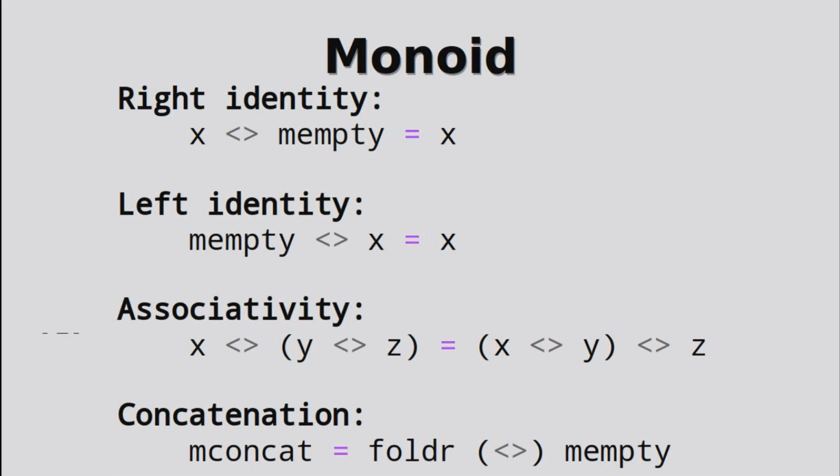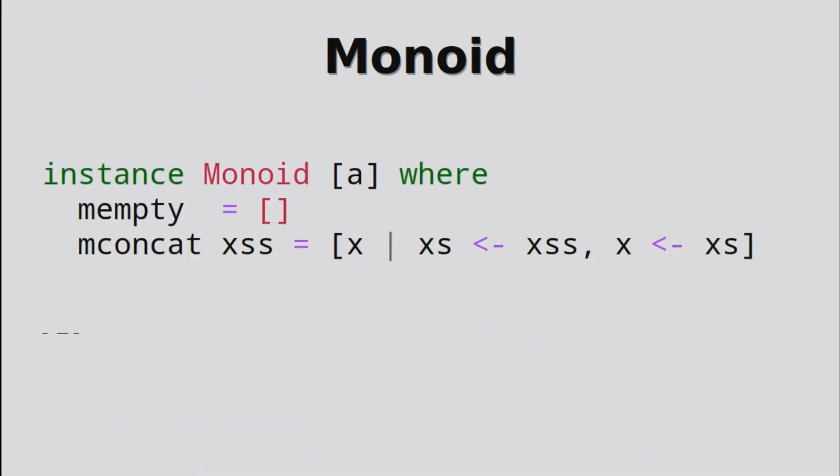Now, you might not want to use a folding everywhere for this mconcat, so you have the chance to write your own mconcat that has to be equivalent to this folding here. Okay. So let's look at the monoid for a generic list. Mempty, of course, is the empty list, because appending a list with the empty list results in that same list.